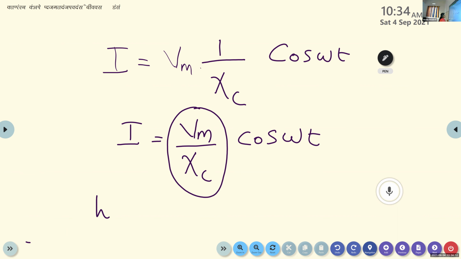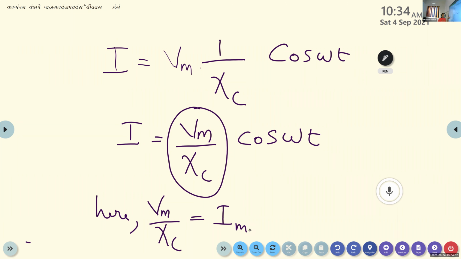Here Vm by chi C, where V is the potential and chi C is the capacitive reactance, which is the resistance offered by the capacitor. That is potential divided by the resistance, which equals the value of current. So it becomes Im.